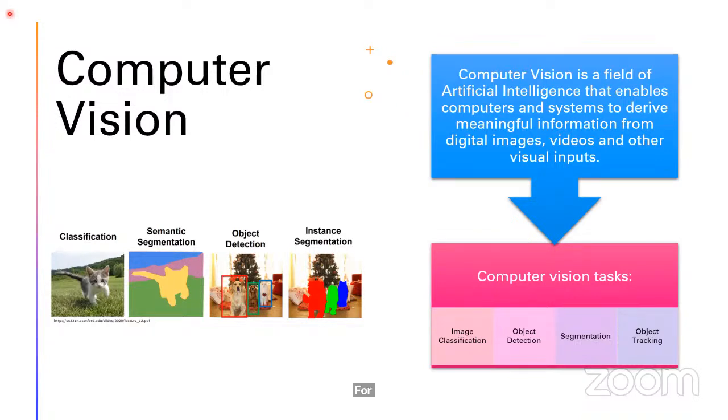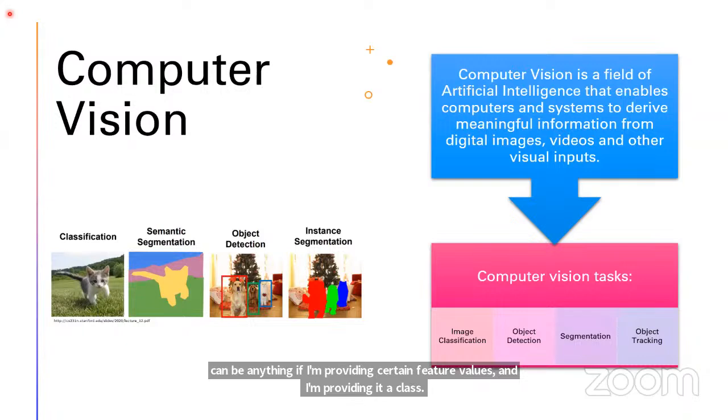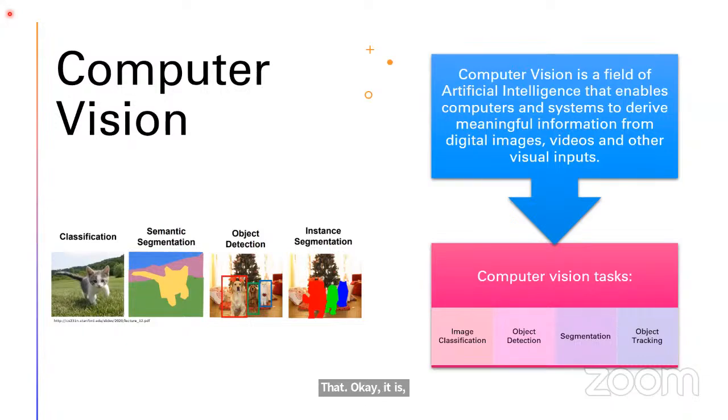Let's take a classification example with dog and cat images only, where we provide certain feature values and a class.